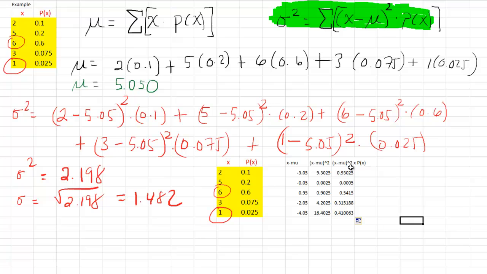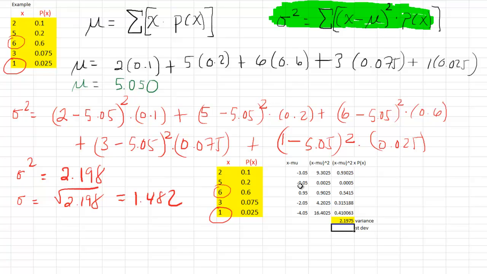So the last column here is x minus mu squared times p of x. And what I need to do is add these, equals sum of these values here. As you can see, we get the same number, 2.1975, or we round it to 2.198. And the standard deviation will be the square root of that. So here it's going to be the variance.